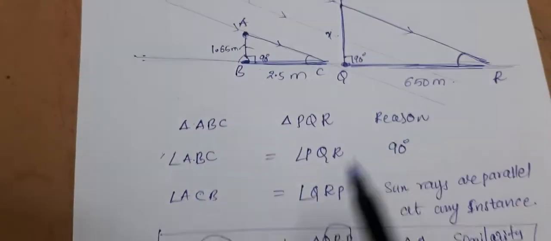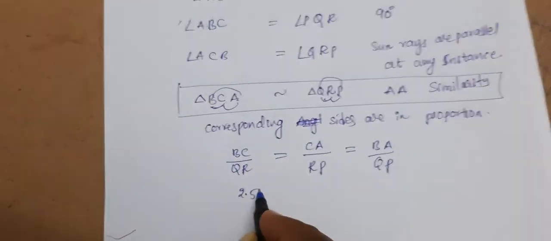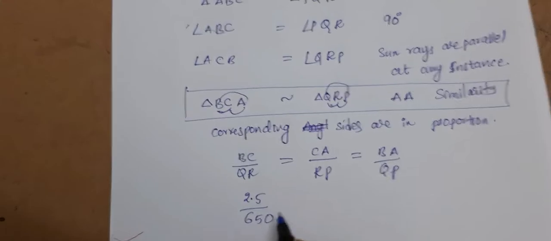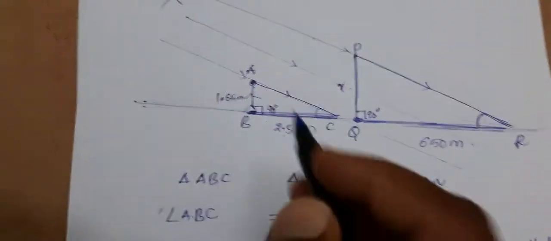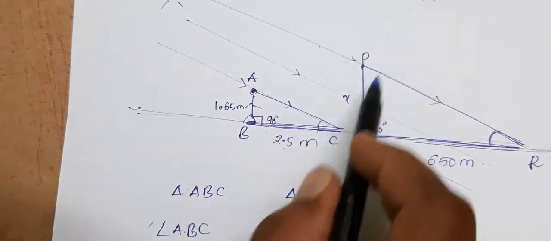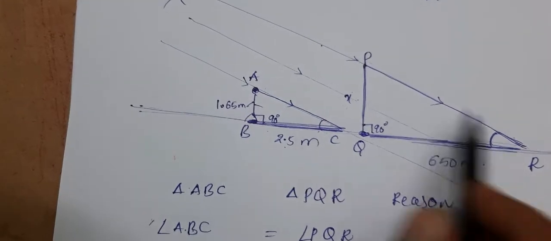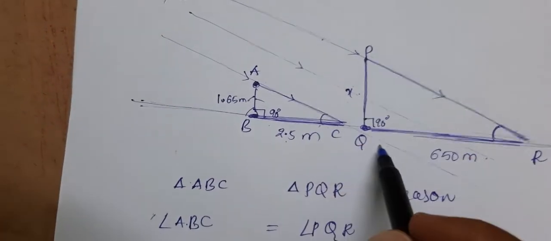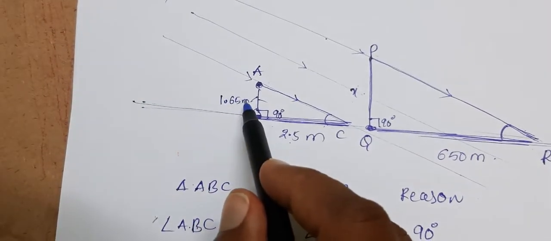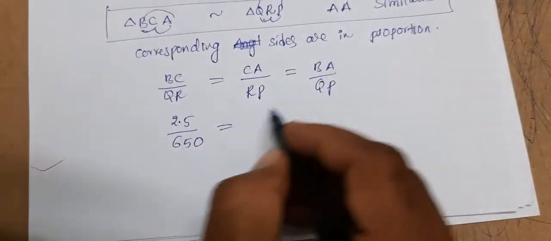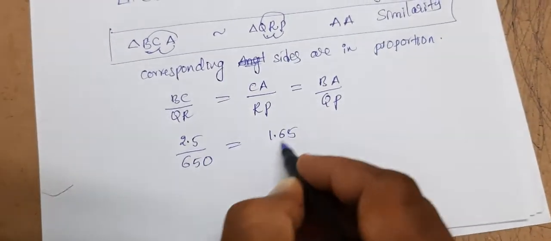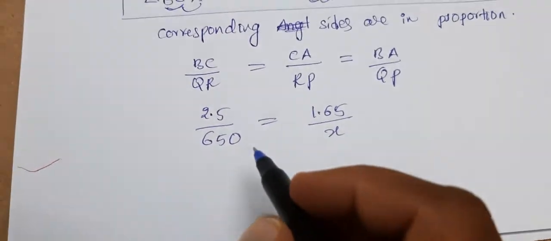BC by QR is 2.5 by 650 equals CA by RP. CA and RP are not given, so no need. Next value is AB by PQ, so 1.65 meters by X. So let us complete this calculation part.